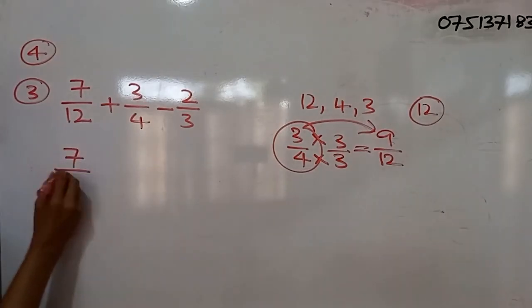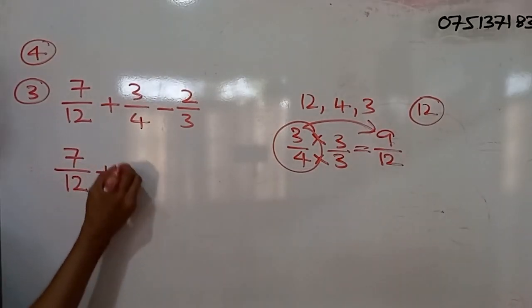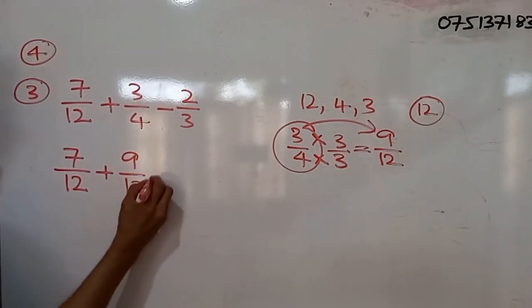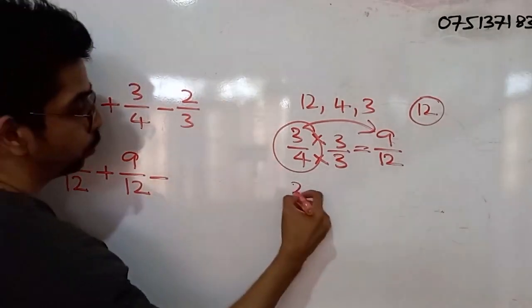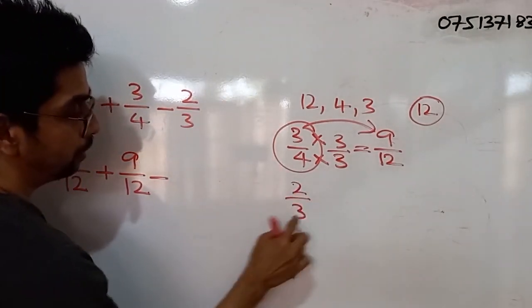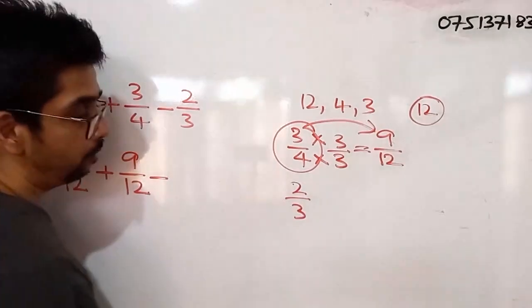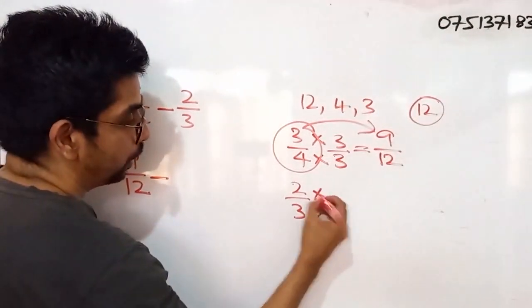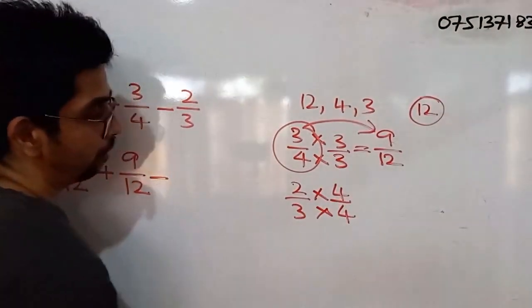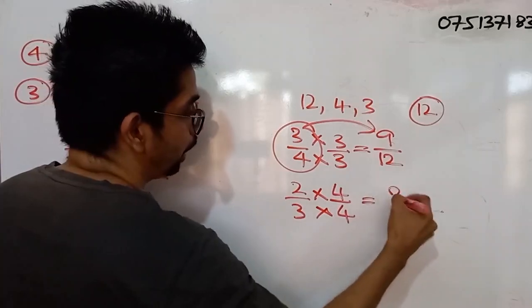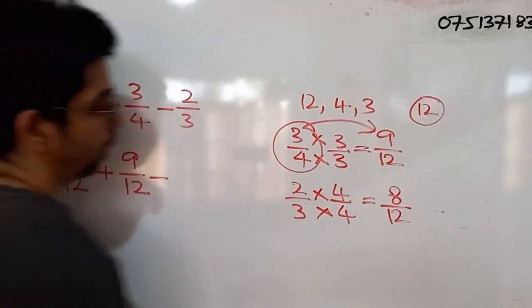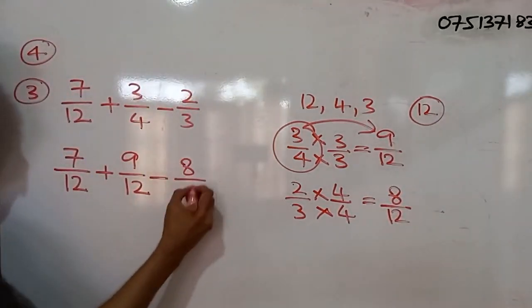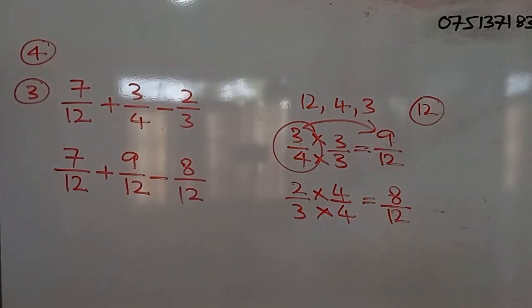So 7 by 12 plus 9 by 12 minus, for 2 by 3, I need to convert this 3 into a 12. So I have to multiply the denominator and the numerator by 4. So 2 times 4 that is 8, 3 times 4 that is 12. So here I get 8 by 12.